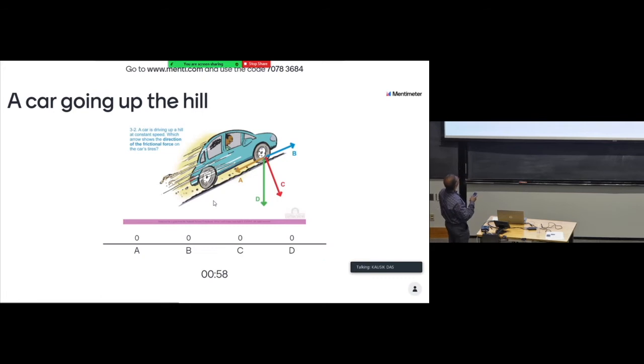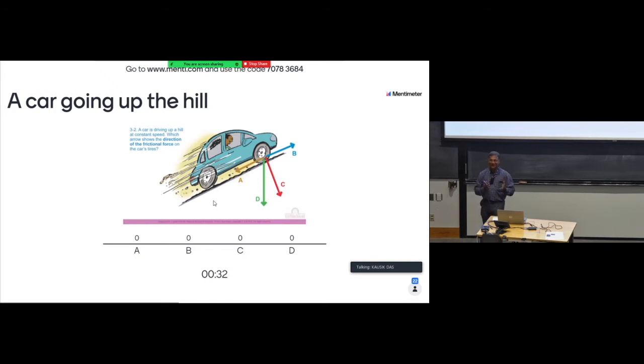A car is driving up a hill at constant speed. Which arrow shows the direction of frictional force on the car's tires? Let's see. I know you can do it. And discussion, that's the key thing.